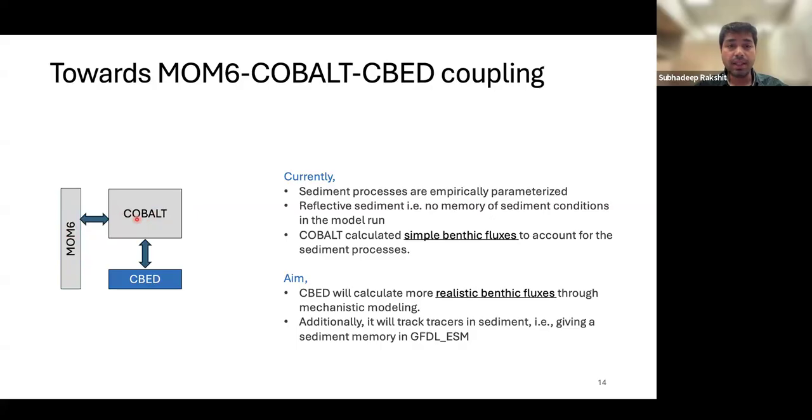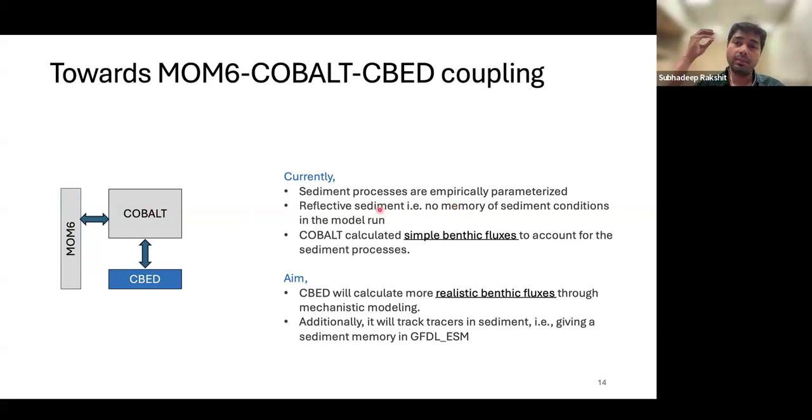At the base level, before there was SeaBed, the sediment processes in COBALT were mostly empirically parameterized. So it essentially has a reflective boundary.